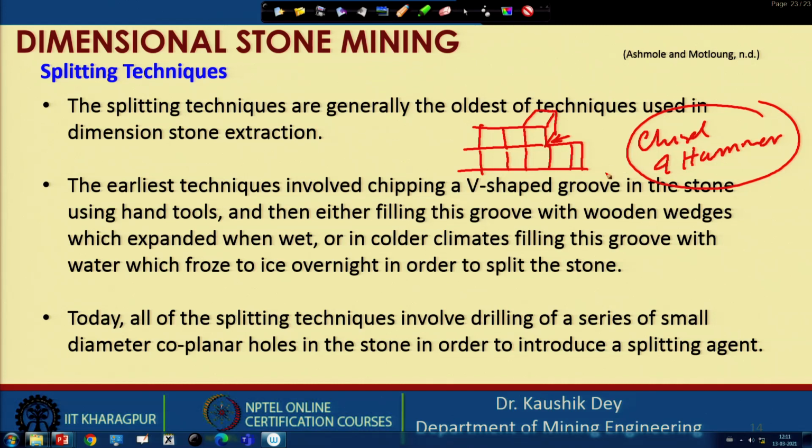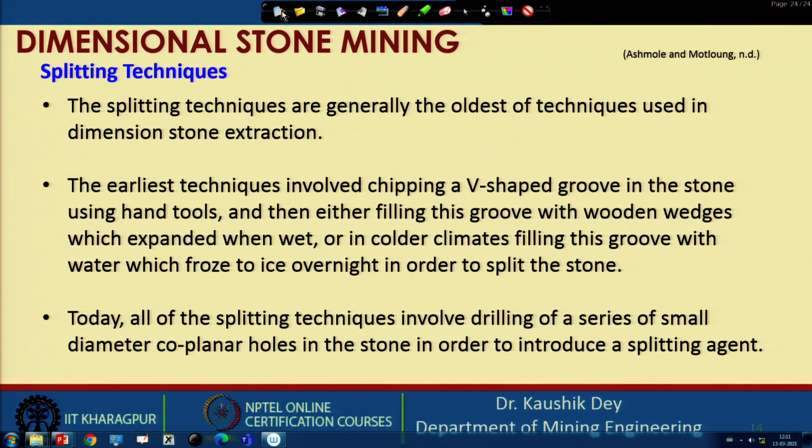So, basically from this splitting technique, later on it was modified with different considerations, like V shaped grooves are made in the stone using hand tools, and filling this groove with wooden wedges, then expanding them, and sometimes in colder climates filling grooves with water to freeze, all these things are used for the expansion of these cracks.